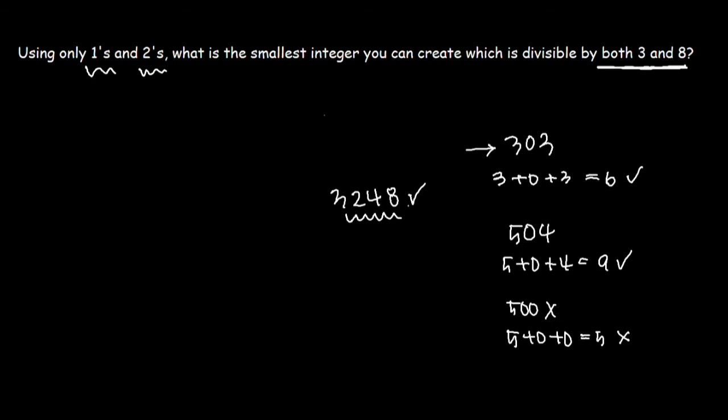But a number like 1,276 is not divisible by 8, because if we look at the last 3 digits here, this is 276, which we know is not divisible by 8. If we had 1,272, this is divisible by 8, but not 1,276.